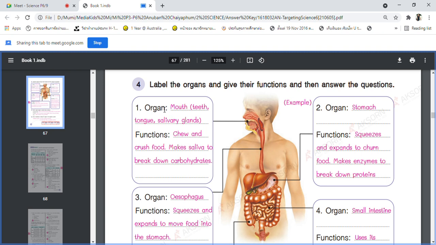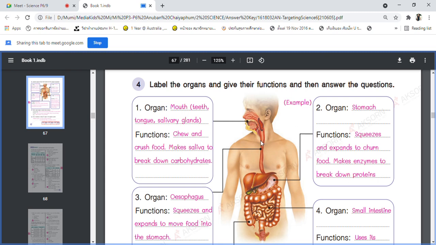Mouth: in the mouth they have teeth, tongue, and salivary glands. In the mouth they have amylase to digest carbohydrate. Function: chewing and crushing food, and making saliva to break down carbohydrate. That saliva enzyme is called amylase.